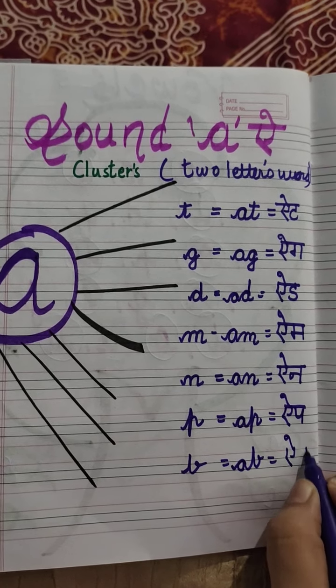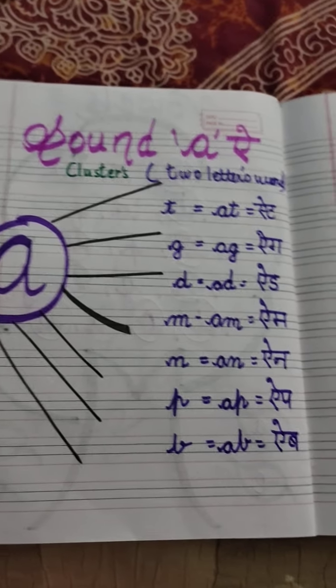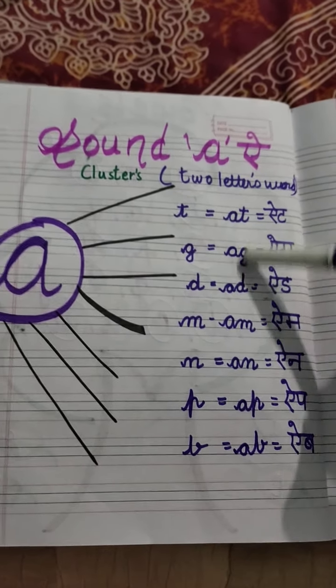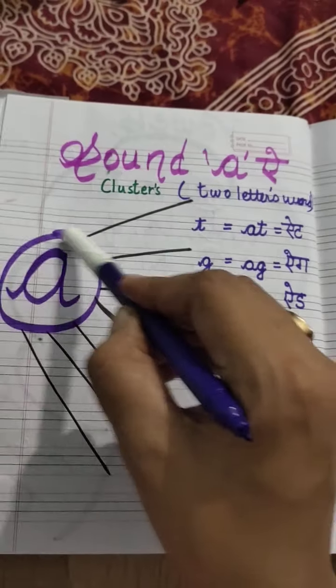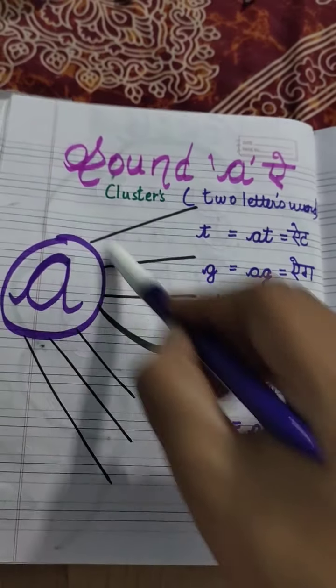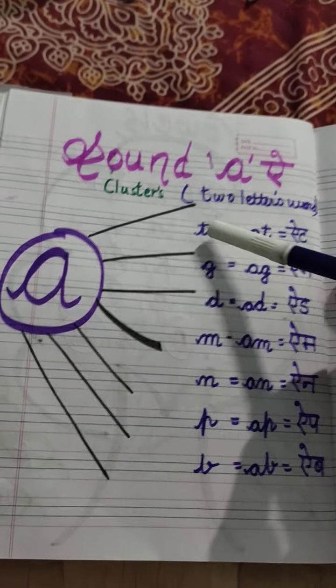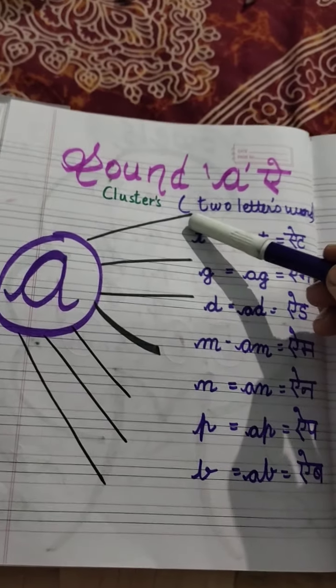A, B, ab. Now we will repeat these clusters. This is A, our vowel, and these are our consonants T, G, D, M, N, P, B.